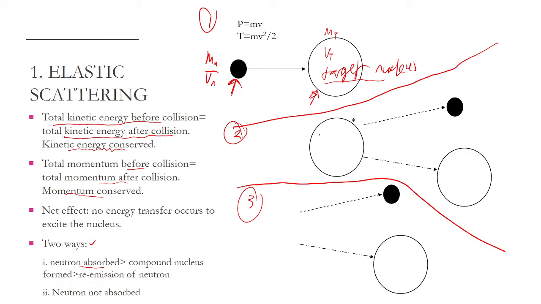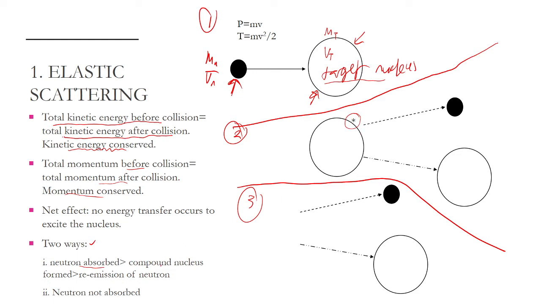When the neutron is absorbed, the initial nucleus now becomes a compound nucleus, which is why I put a star or asterisk at the top of the nucleus.